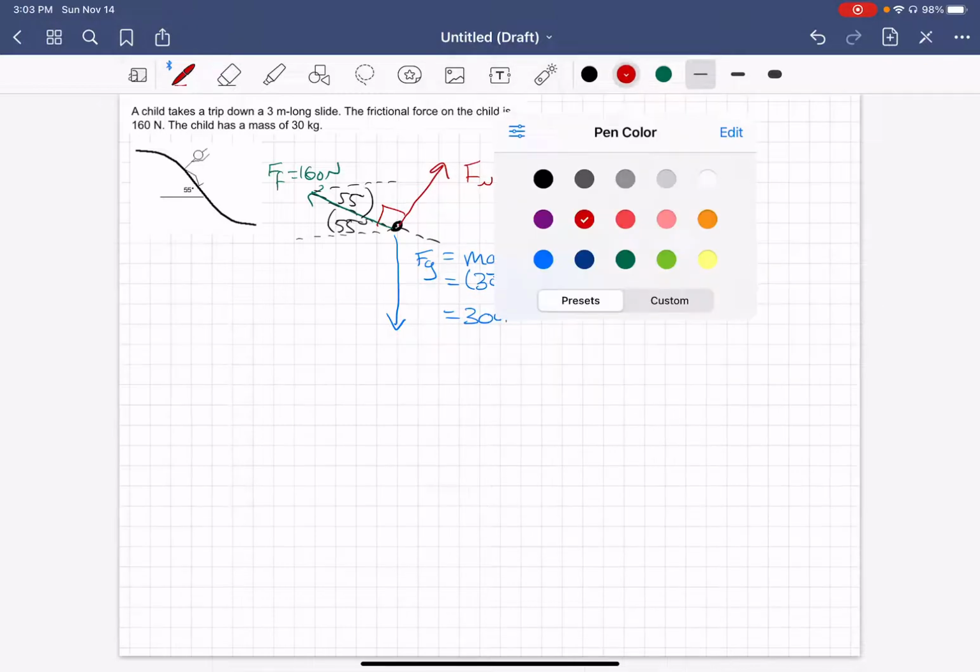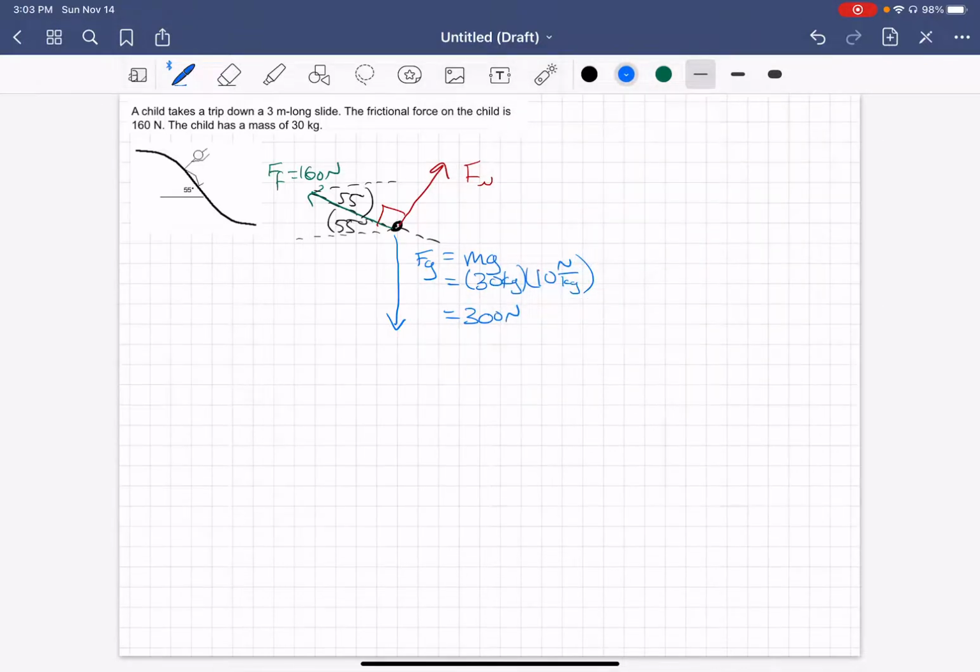The next thing I'm going to do is draw my vector addition diagram, which is essentially just my free body diagram rearranged. I like to start with the force of gravity, which is just straight down. Now I'm going to do my normal force.